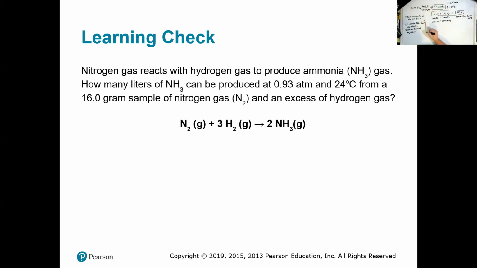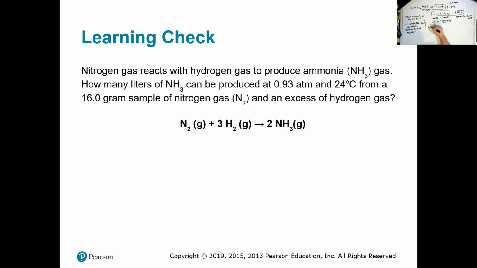So here, if I want to know how many moles of NH3 are going to be equal to my 0.571 moles of N2, I'm going to use my equality that links those things.